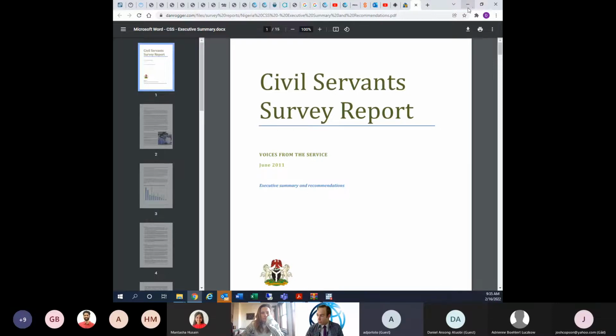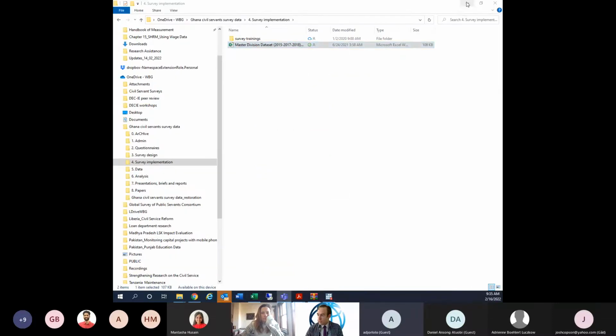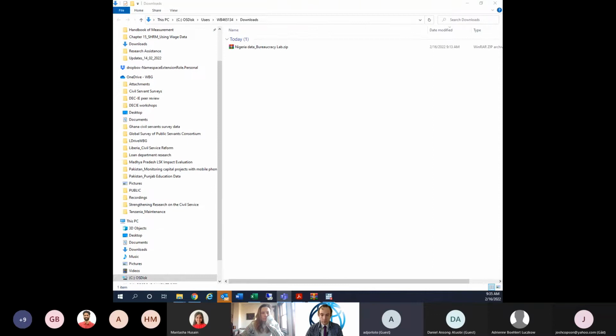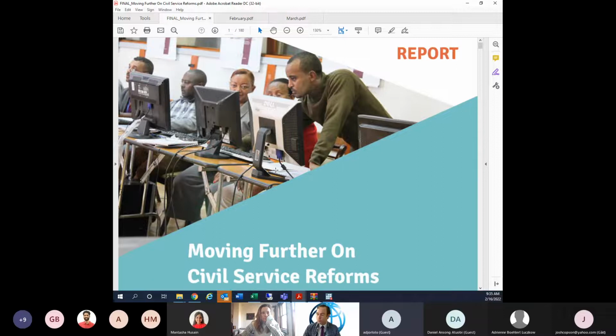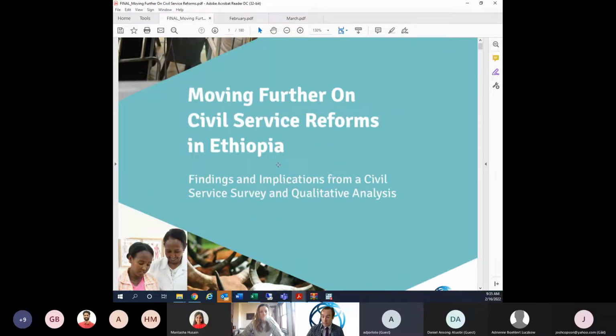Now, we've also done this kind of work in Ethiopia. And in Ethiopia, we also came up with a synthesis report. And again, we worked very closely with the Ministry of Civil Service. And here we again worked with people from across the service, had some public servants as enumerators and so forth.